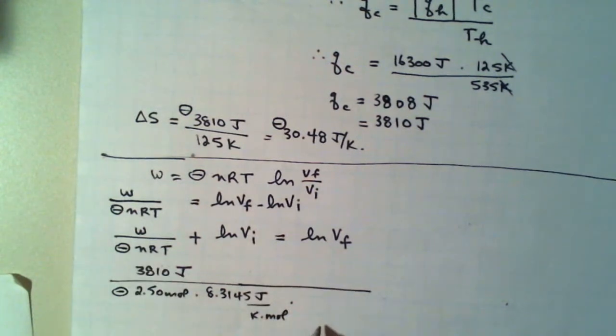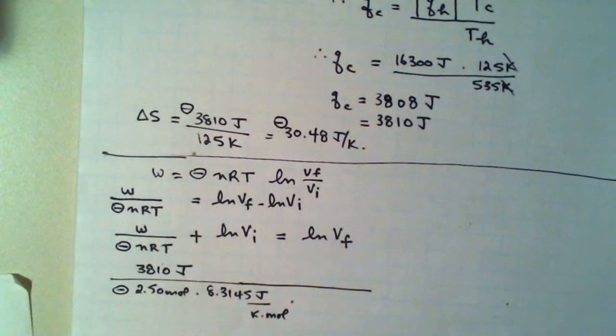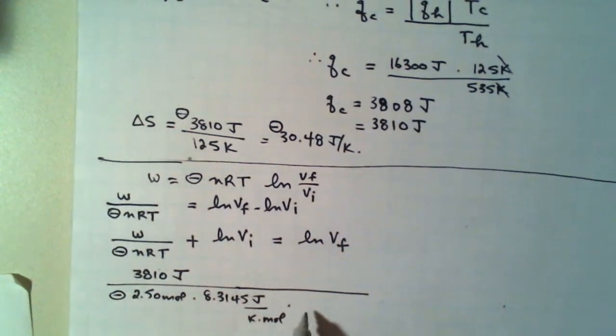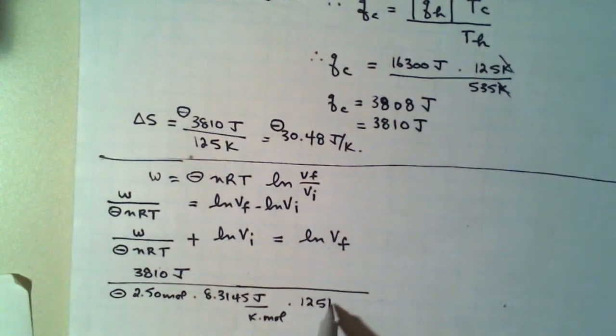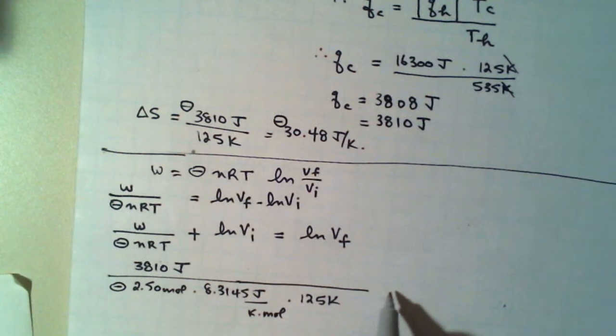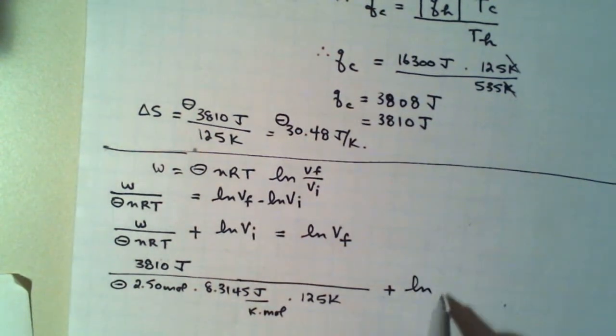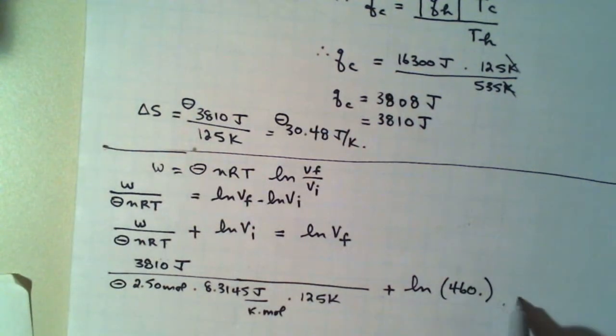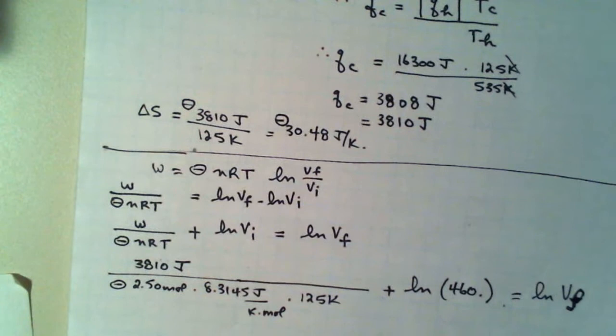R, and then the T. What's the T? It's isothermal. Step 3 at the cold temperature 125. Plus the ln of 460. Don't put your unit in there. That's going to equal the ln of V final.